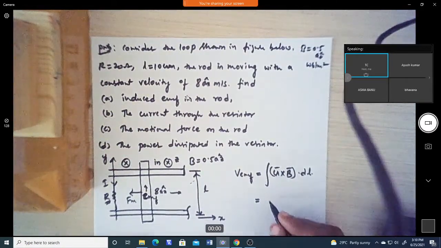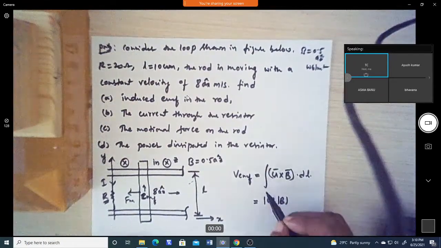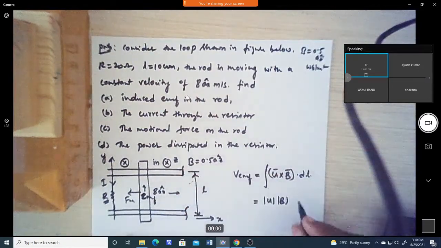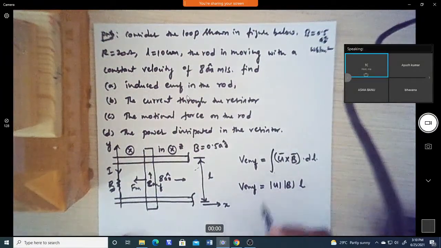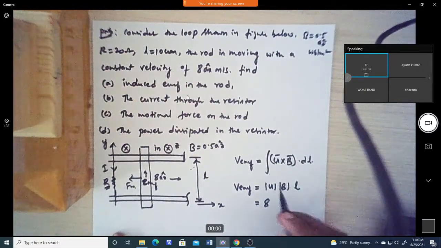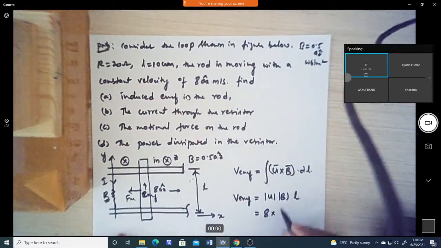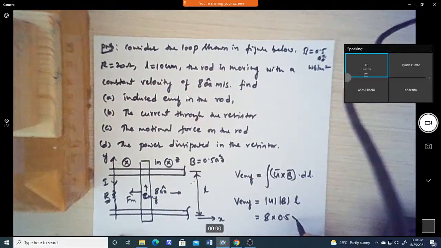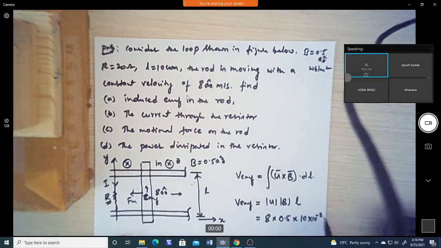So we are left with the magnitude of U and the magnitude of B, and if I integrate dl over the distance L, I will get L. So this is the EMF induced on the rod. Now U, the magnitude of the velocity, is 8, into the magnetic field magnitude B which is 0.5, and L, which is 10 centimeter, so 10 into 10 to the power minus 2.